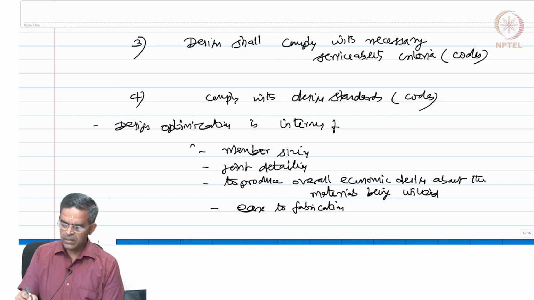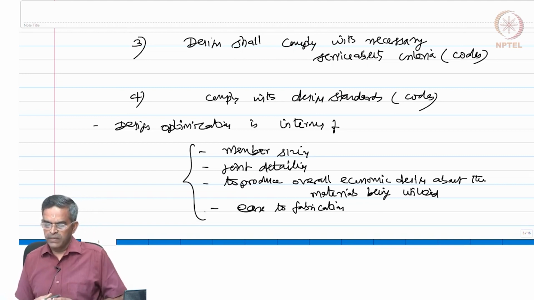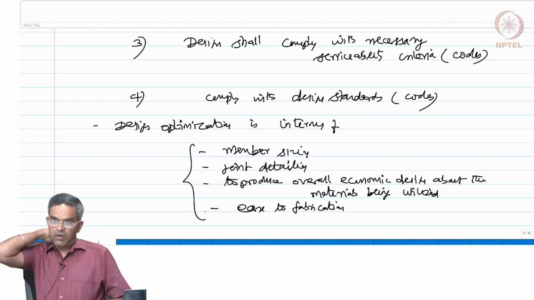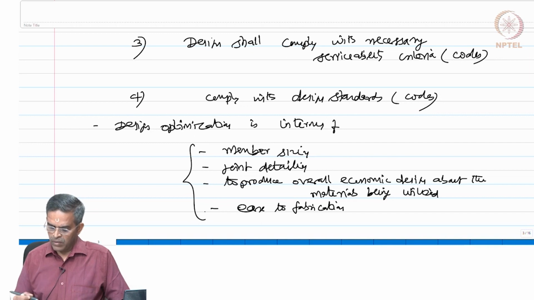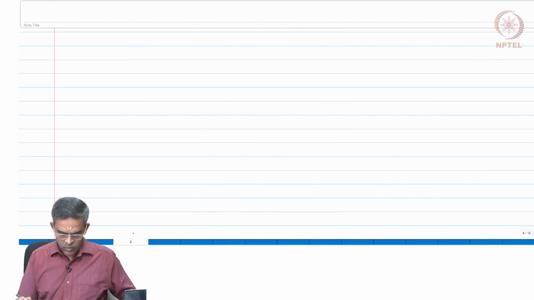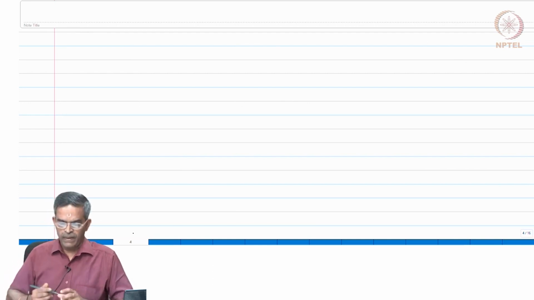So, these are the factors based on which a structural design of an offshore platform is generally optimized. Okay. Now, let us talk about what would be the general design criteria or design acceptance criteria.